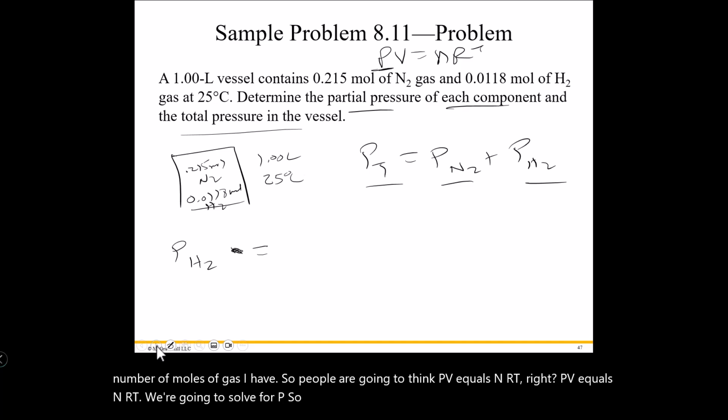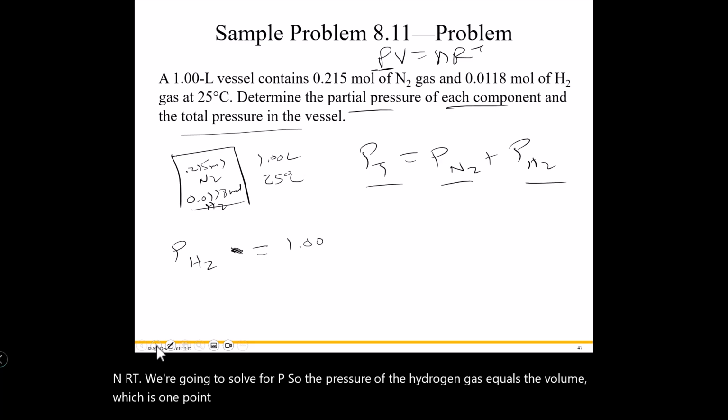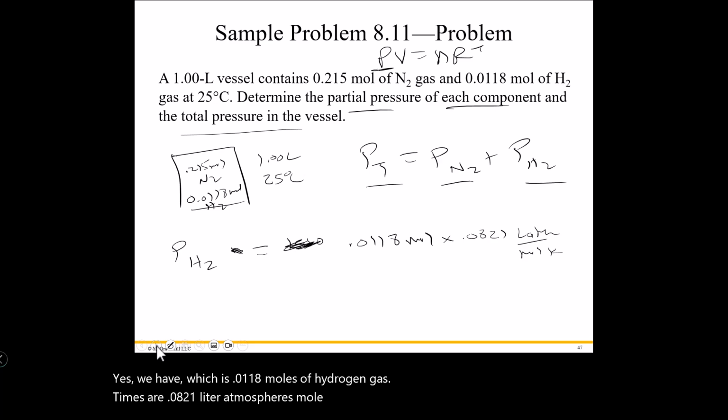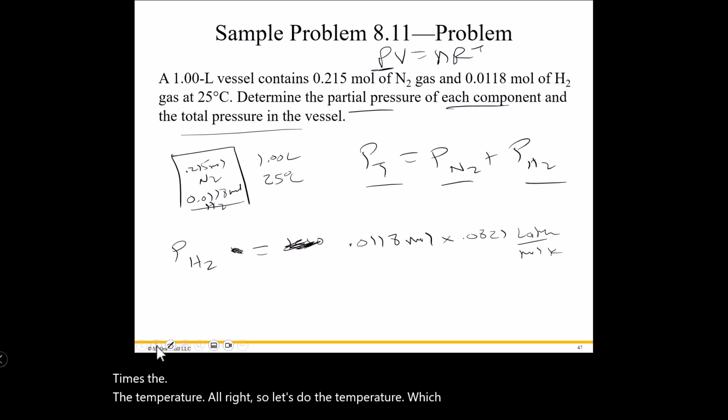So the pressure of the hydrogen gas equals the number of moles of gas we have, which is 0.0118 moles of hydrogen gas, times R, 0.0821 liter atmospheres per mole Kelvin, times the temperature, which is 298 Kelvin.